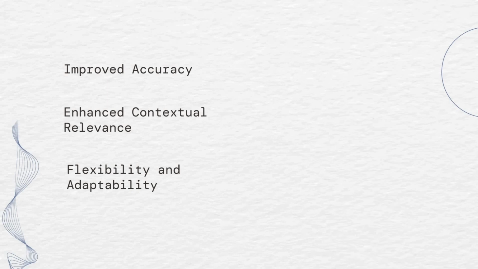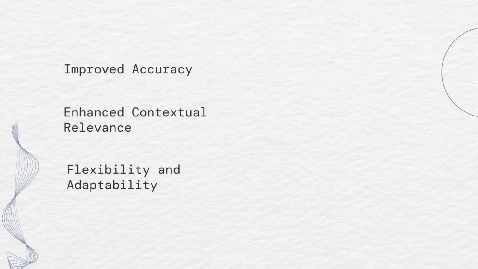So the better the data, the better would be the response. So this is flexibility and adaptability, that it is not specific to any particular use case. If you have the data relevant to that particular use case, then you can create a RAG mechanism for that in your chatbots, obviously.